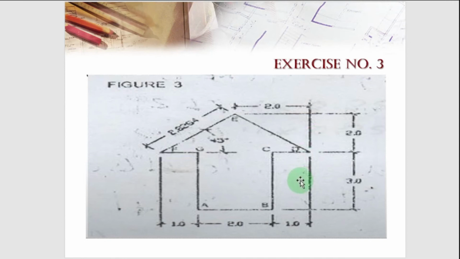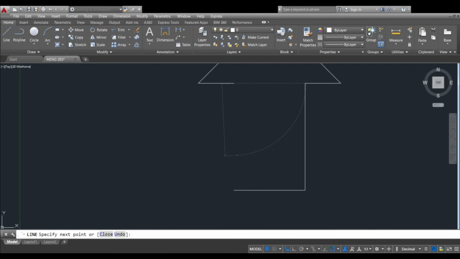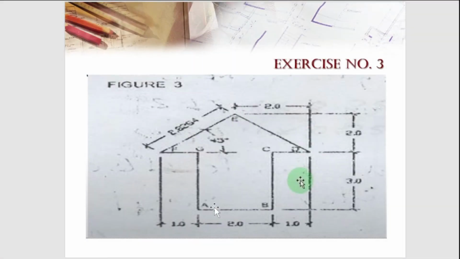Going to point G, we just move one unit to the right, so our coordinate will be at 1 angle 0. And then going back to point A, we move 3 units downward, and our angle is negative 90 if we are going clockwise, and positive 270 if we are going counterclockwise.